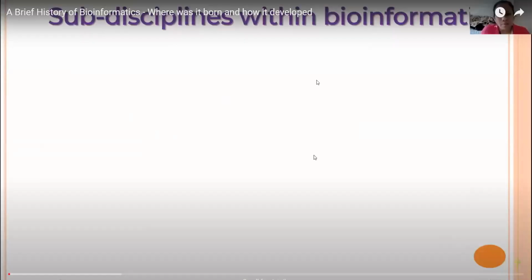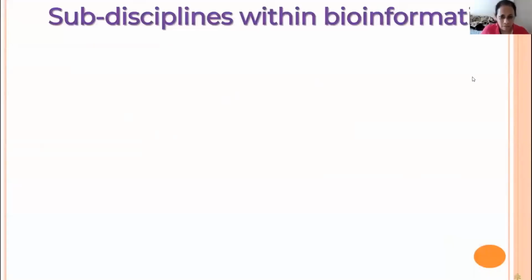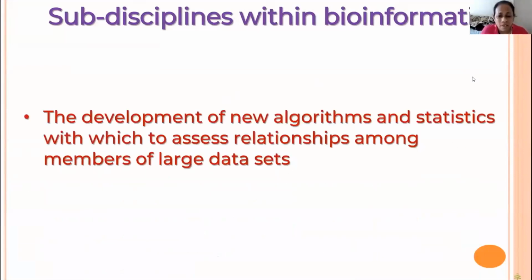Now, there are lots of subdisciplines within bioinformatics because bioinformatics is an interdisciplinary field because we need computer scientists, we need biologists, we need even economists right now, right? So it's an interdisciplinary field.